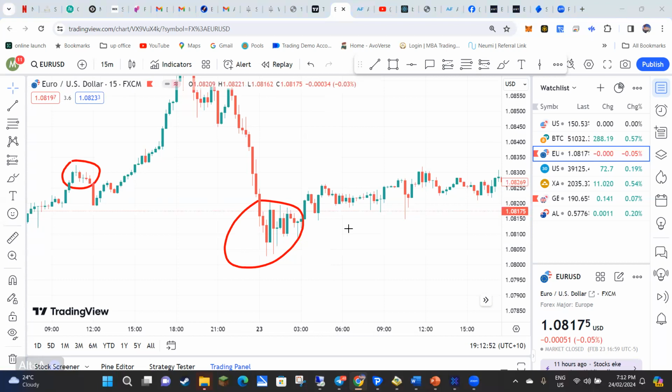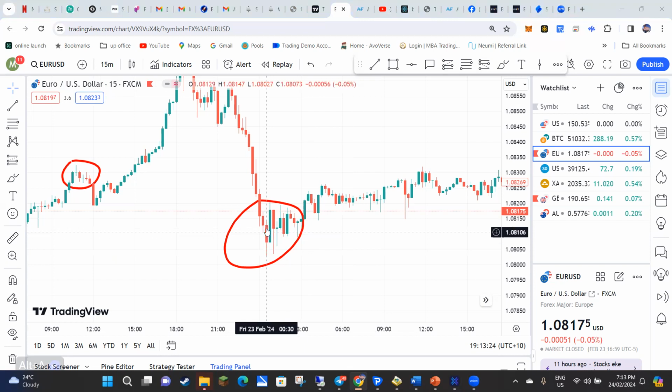So I'm going to get into what those candles are now. What we're going to look at here is what's called an engulfing candle. We've got a red candle, and then the next candle, this green one, is much bigger than that red one.